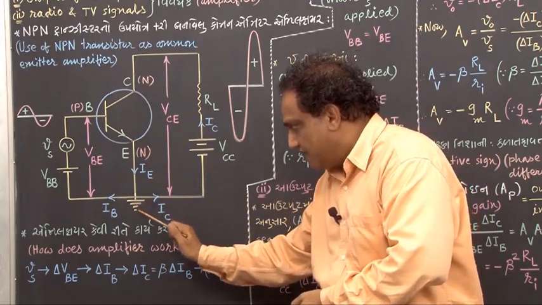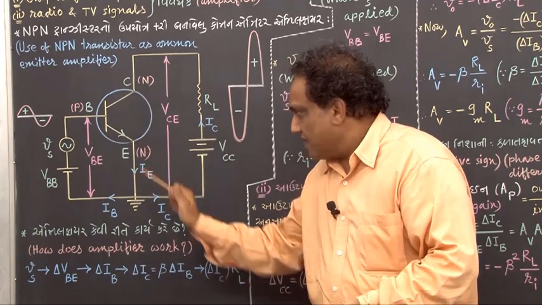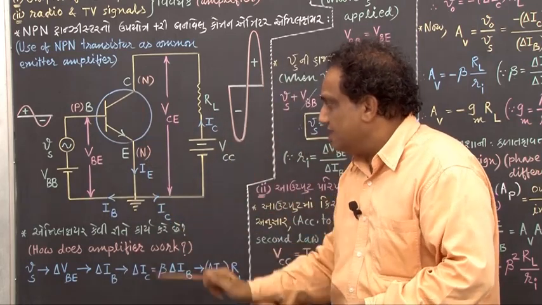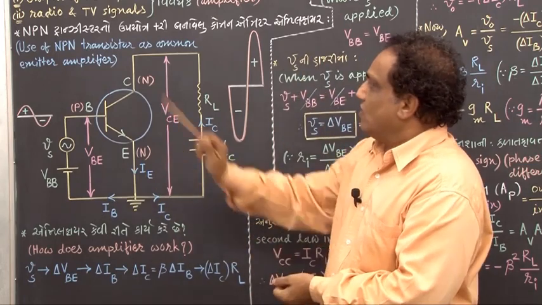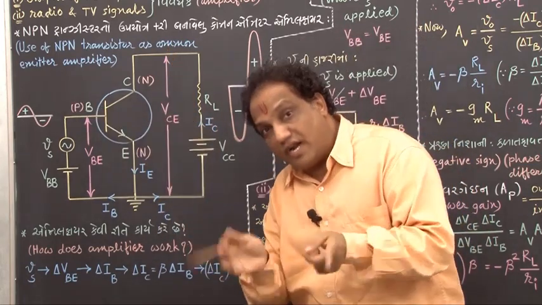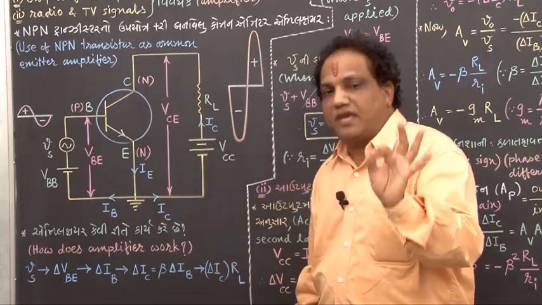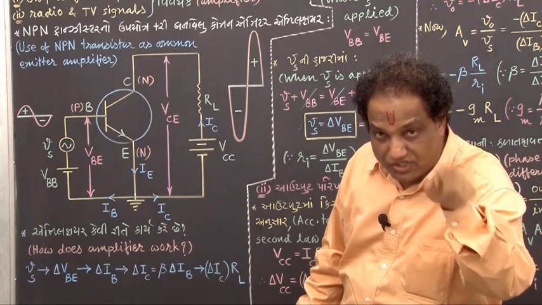Now here you must show this terminal to be grounded. What do you mean by this terminal being grounded? See, here this is the input part of the circuit, this is the output part of the circuit. In both the parts the emitter is common. That's why we call it common emitter. And we can call it grounded emitter also, because the emitter terminal is grounded. Making any terminal grounded means its potential we are going to take as 0.